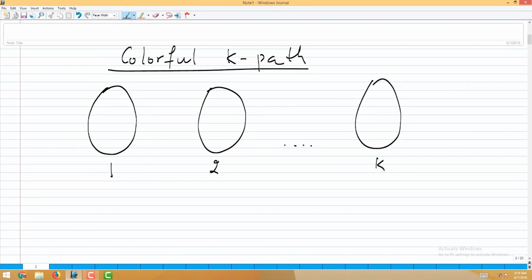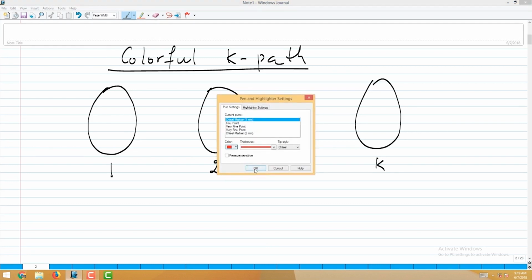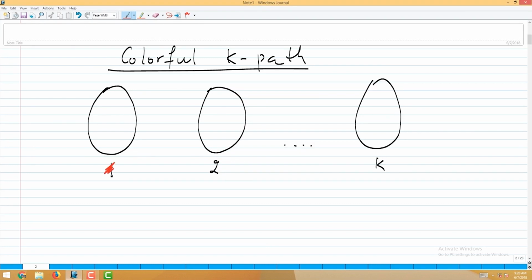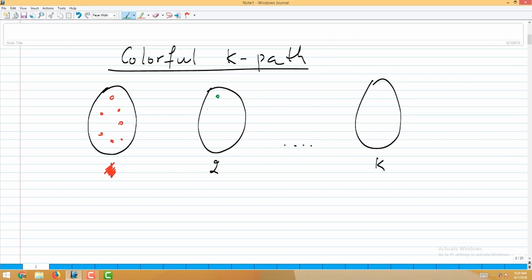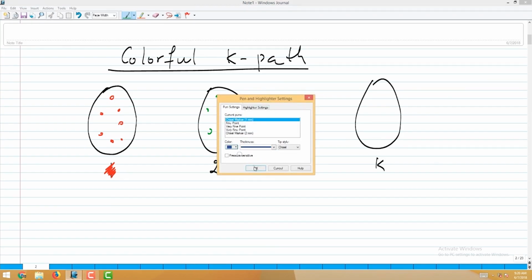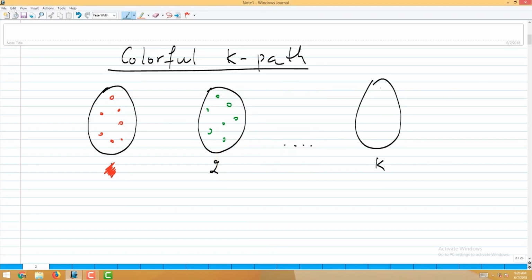Basically, these are the vertices which have been colored 1; let's say 1 is red. The next set is the vertices colored 2; 2 is green, and so on. You use k colors. Suppose the kth color is blue. Okay, so this is how my input looks.